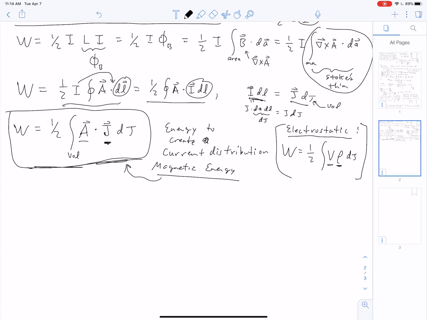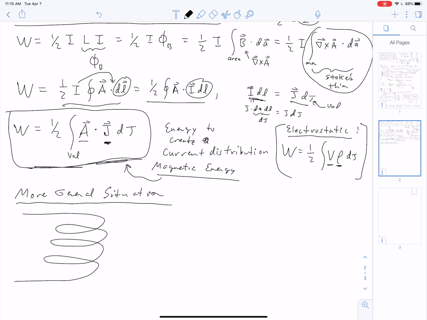But before we do that, let's consider a more general situation. Because what we've been talking about so far is just a current loop. So for example, I could have this inductor. This is a nice simple inductor, and this is what we've been talking about. Although this is several current loops, it's the same thing. You can just multiply by the number of current loops. But now let's make it more general, because now let's put some magnetic material in there.